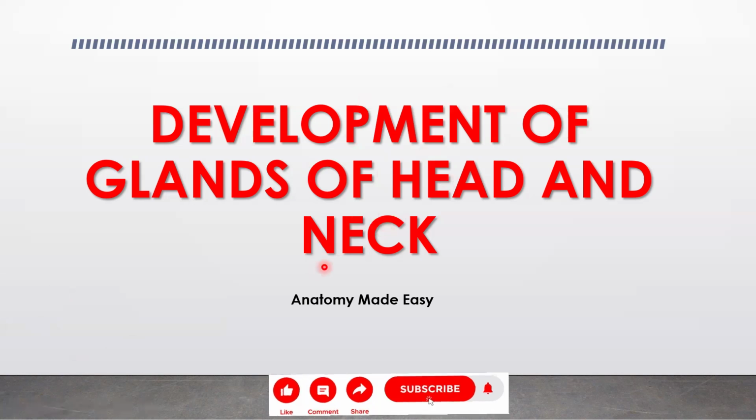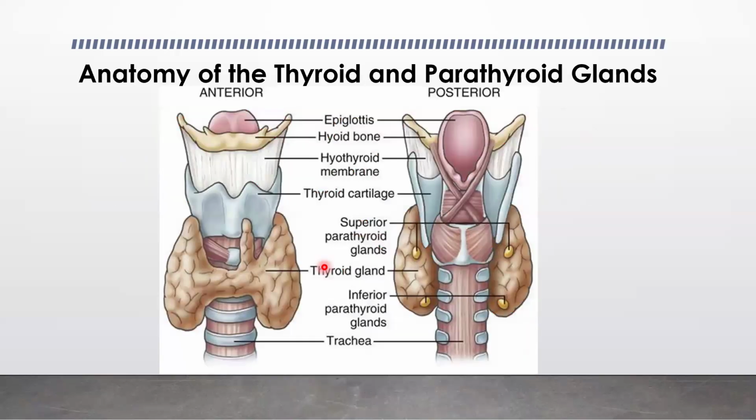So we'll start by looking at the anatomy of the thyroid gland and the parathyroid gland. The thyroid gland is just anterior to the trachea and is found in the neck region. It has two lobes and an isthmus connecting them.